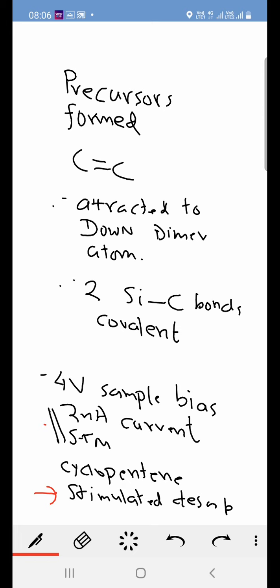Now, how do we detect that desorption has taken place? To detect the desorption, there is a feedback loop, called the second feedback loop. It has two purposes.